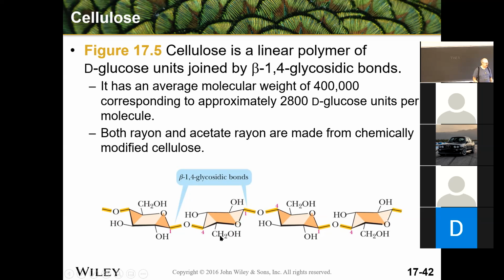Termites can also digest cellulose, and that's again because of a microorganism that lives in their digestive system. And then wood rotting fungi also produce the enzyme that can break down cellulose.